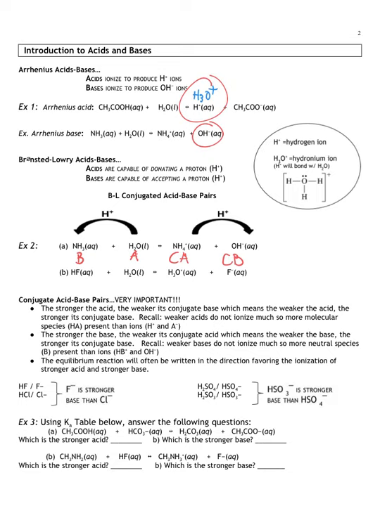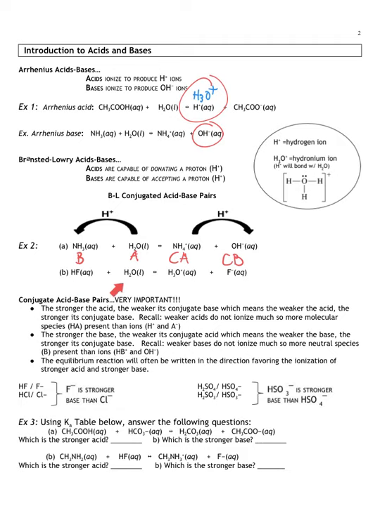I like to think of this: every base is linked to its conjugate acid. So this base becomes its conjugate acid. This acid becomes its conjugate base, and they look very similar to one another. The conjugate means if you're a conjugate, you're similar to each other.